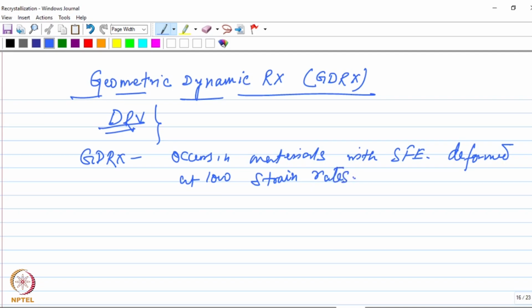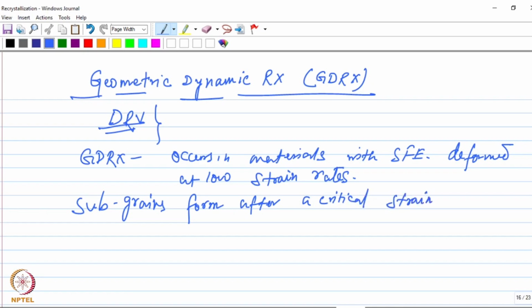Yeah, so to talk about the mechanism, as I said, the subgrains are formed after a critical strain. And this occurs near the grain boundaries, near the original grain boundaries.